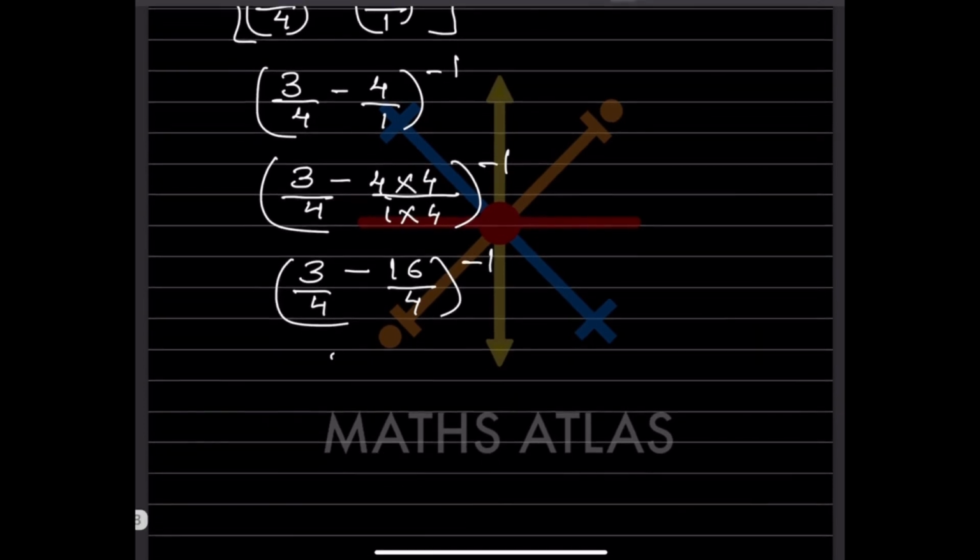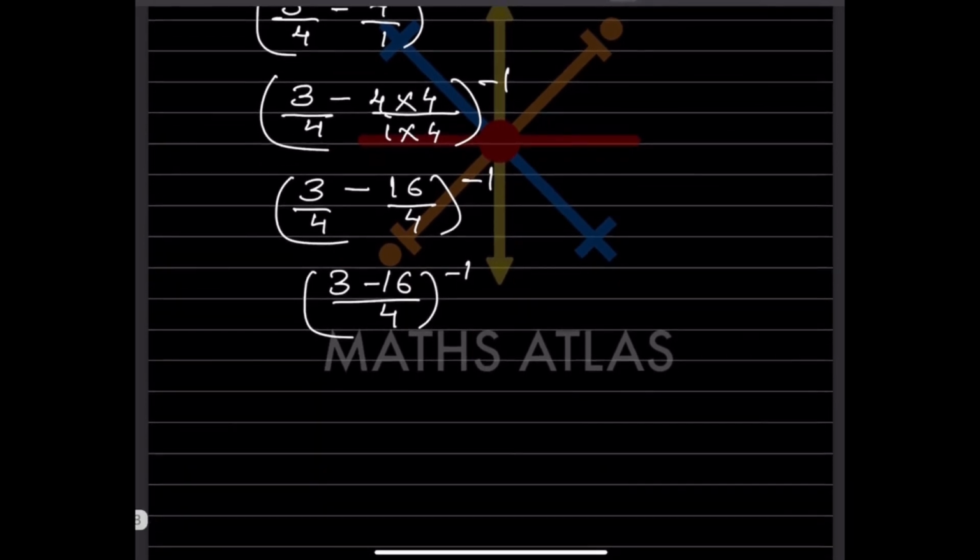So this is going to be 3 minus 16 by 4 raised to minus 1. So here it will be minus 16 plus 3, that is going to be minus 13 by 4 raised to minus 1. So now you got a single number over here.